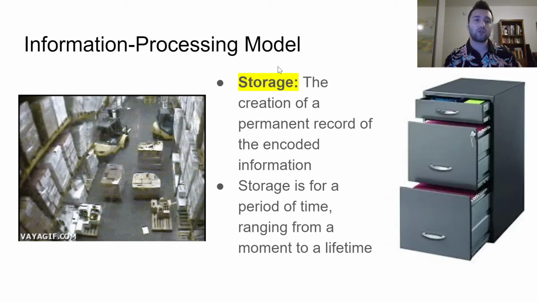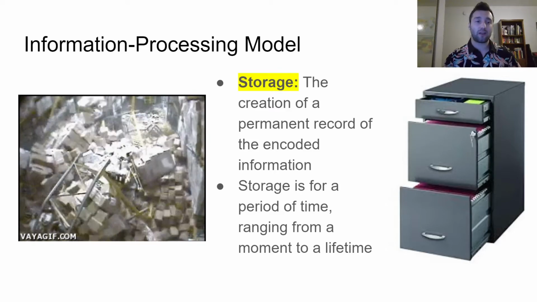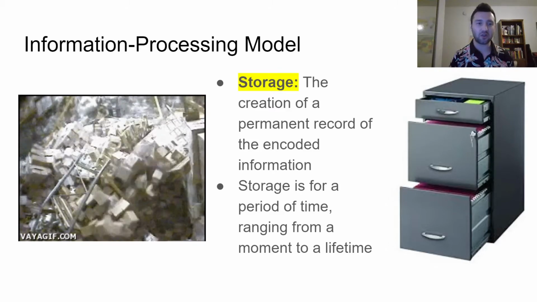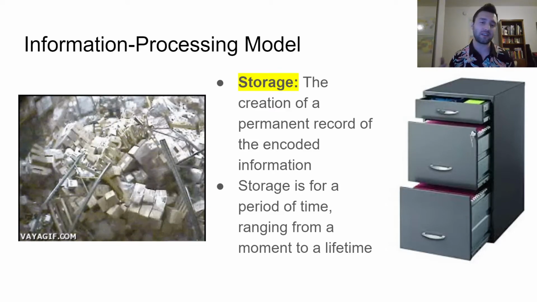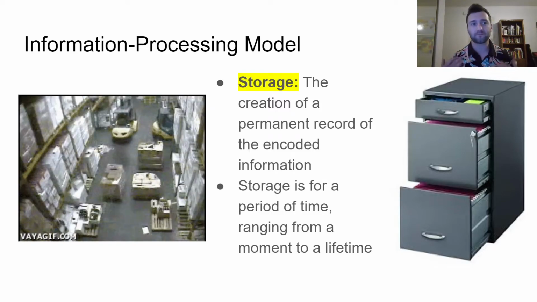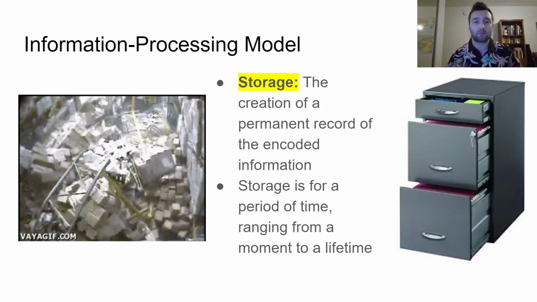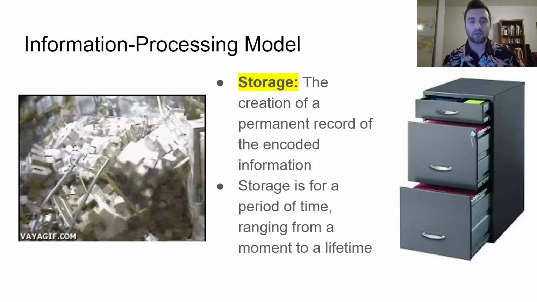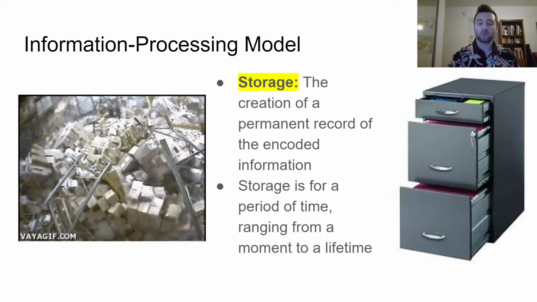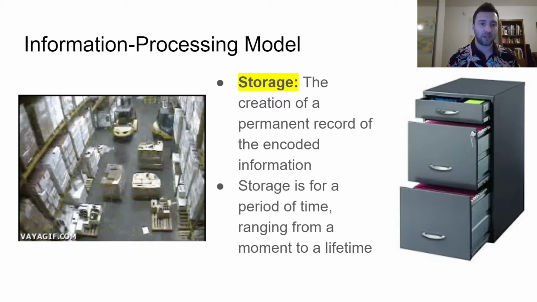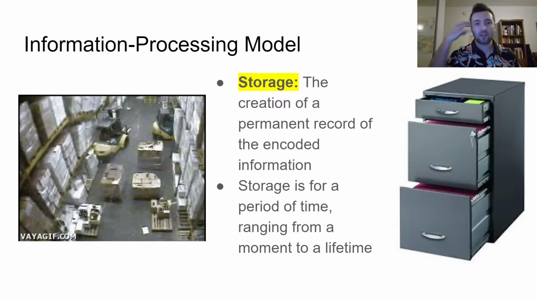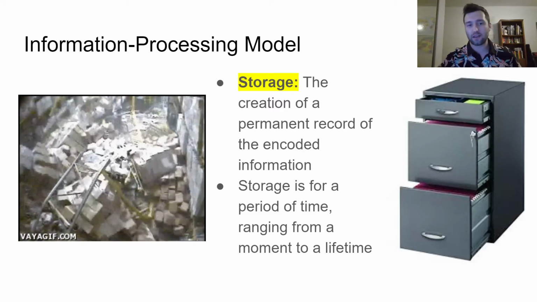Now it's going to take us into our second step, right? All of that was part of encoding, which is the first step: how do we get the information into our head. The next thing that has to happen is storage. Storage is very simple. It's exactly what it sounds like. Once we create a piece of information, once we pull it into our brain, we have to create a record of that piece of information.